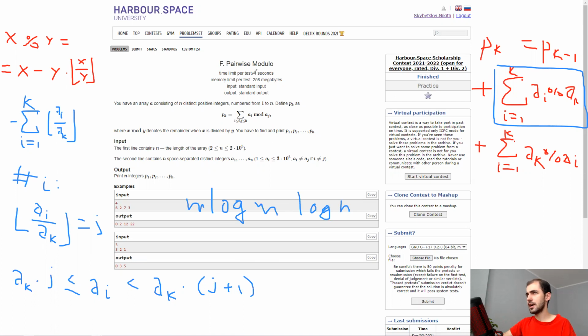But then I noticed the time limit is increased, so I was thinking, okay, it may end up being tight, but it should be fine to have two logarithms. But I did not want to have a segment tree, because Fenwick tree is essentially a half of segment tree.